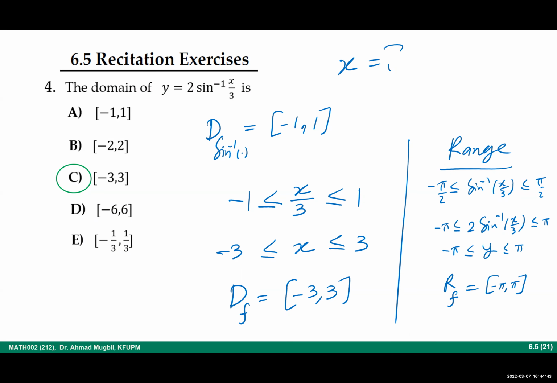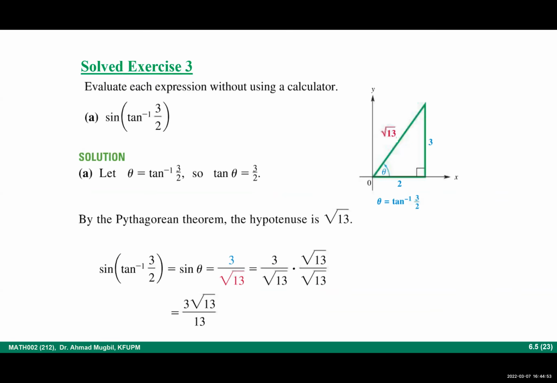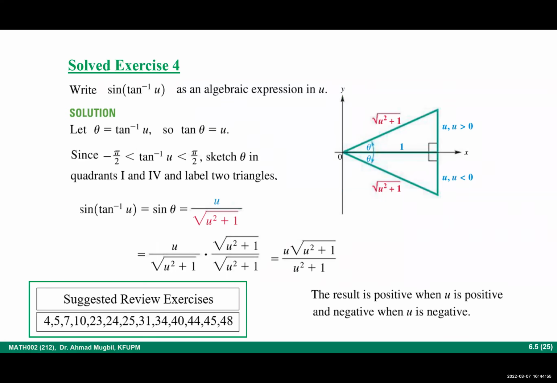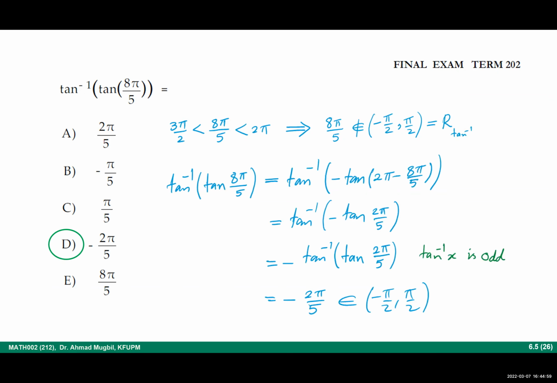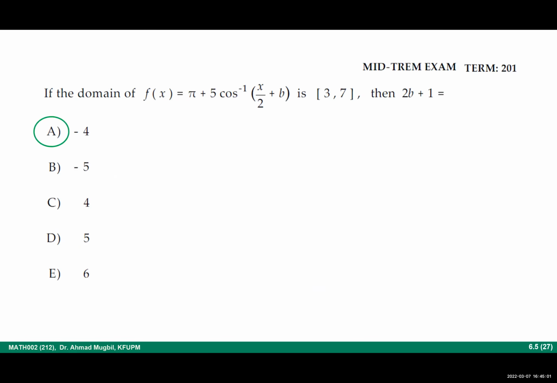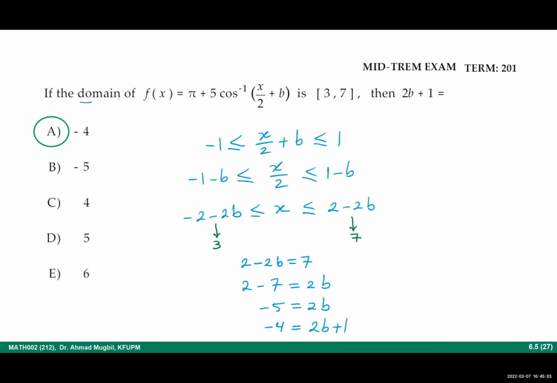I wish that this clarifies the difference between calculating the domain and the range for such functions, because this is so common in the old exam questions. As you can see, these are some solved exercises for you. I have also solved several old exams for you to practice and check your answer. This is about the domain, so he will work on the argument.